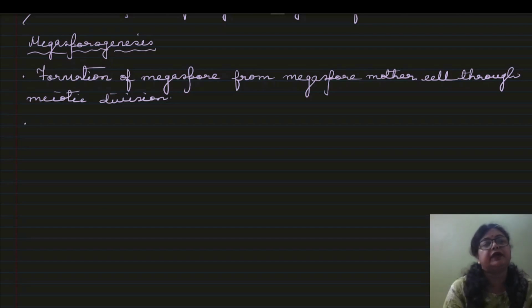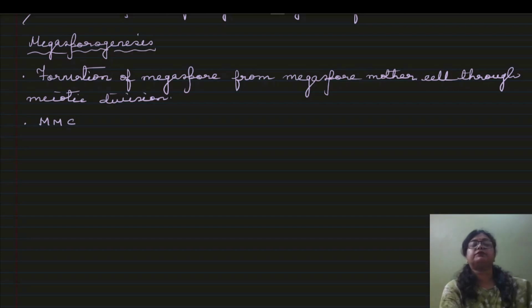So let us write the flow chart. What should we write? Now I will write MMC. Questions can come on the MMC full form, either MCQ or 1 mark, 2 marks questions. Now the MMC will undergo what? Meiosis.